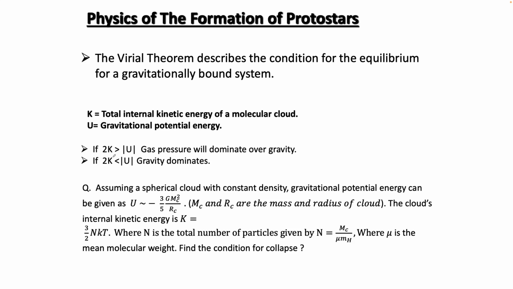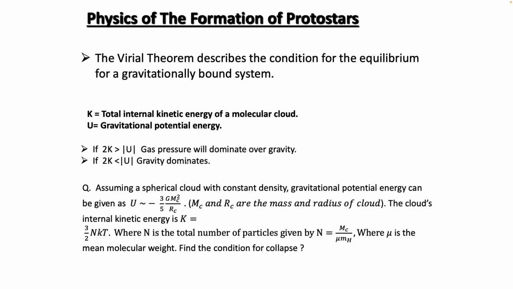It's obvious now that the kinetic energy usually comes due to the pressure, and U is the gravitational potential energy, which is basically due to gravity. If 2 times the kinetic energy is lesser and the gravitational potential energy is larger, gravity dominates. This is the condition where you can have a star, right?